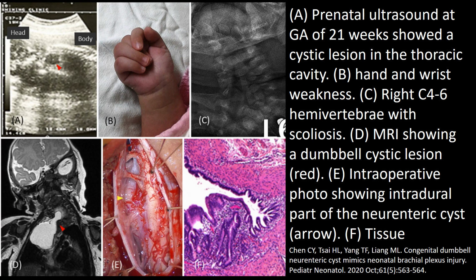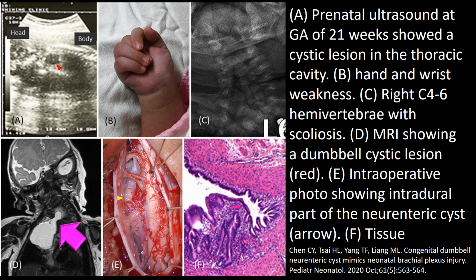This is another case. A cyst was detected by intrauterine ultrasound. At birth, the patient presented with arm weakness characterized by elbow weakness and inability to extend the fingers. Also at birth, a cervical spine X-ray showed significant abnormalities.